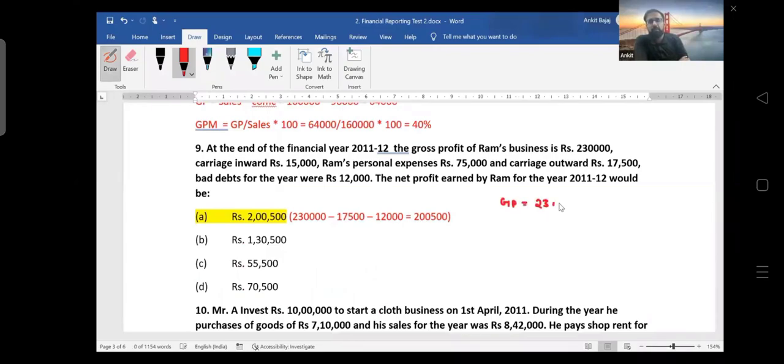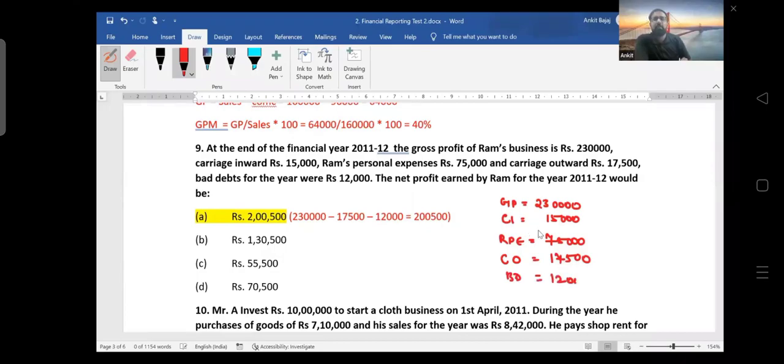And carriage inward is 15,000, and RAM's personal expense is 75,000, and carriage outward is 17,500, right? Bad debt for the year were 12,000.